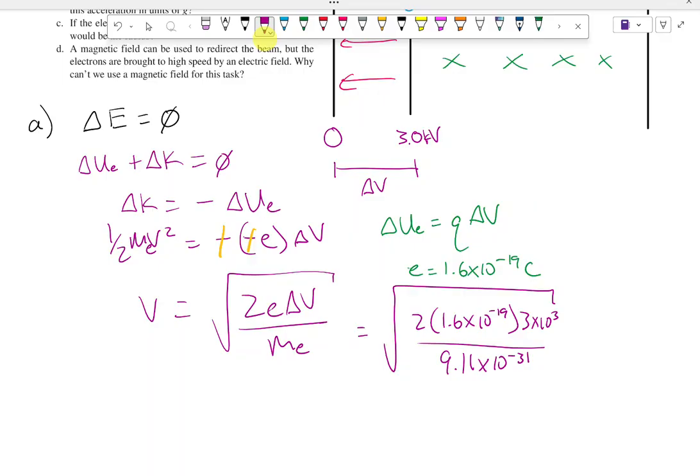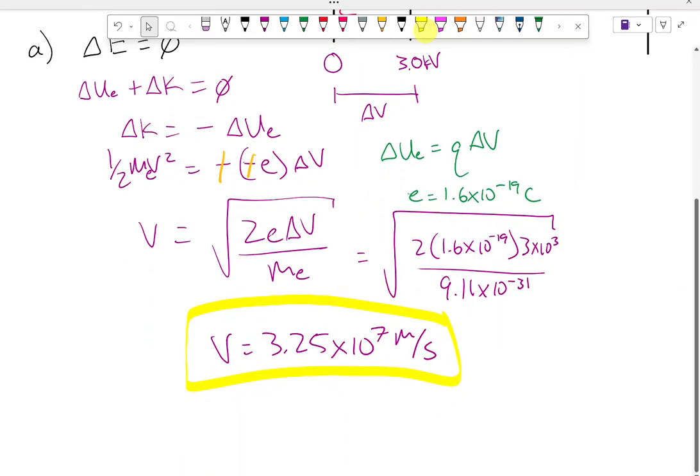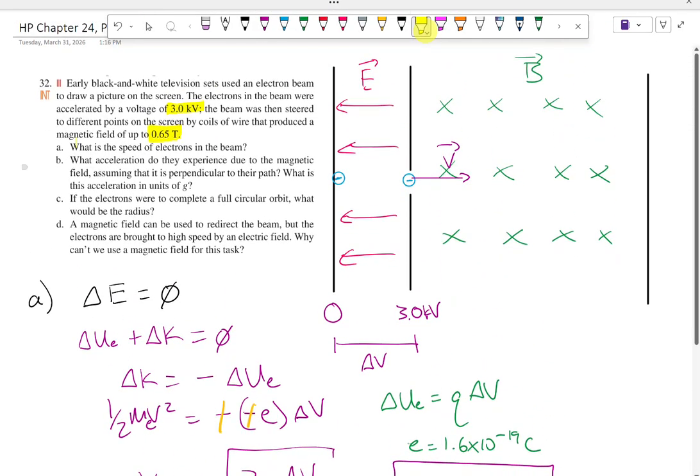And I get 3.25 times 10 to the 7 meters per second. We're less than the speed of light, so that's good. That suggests that's a fair answer. Hopefully that's correct. If not, yell at me in the comments. Okay, so there we go.